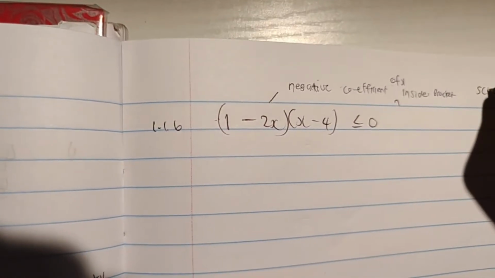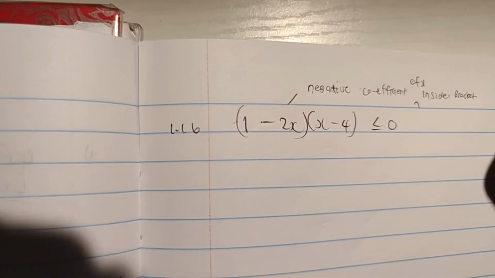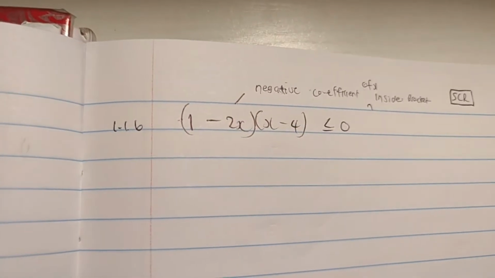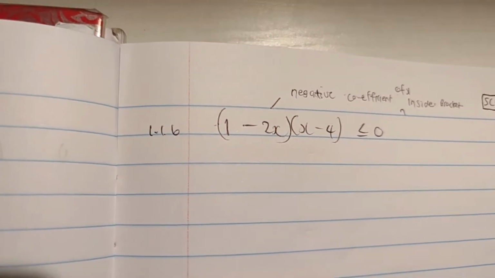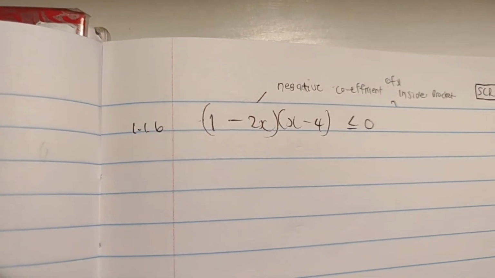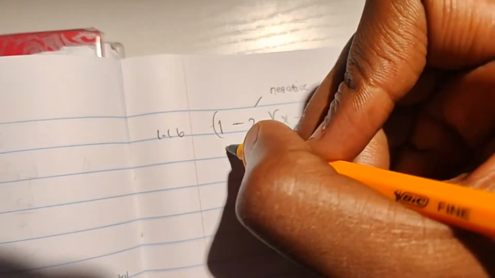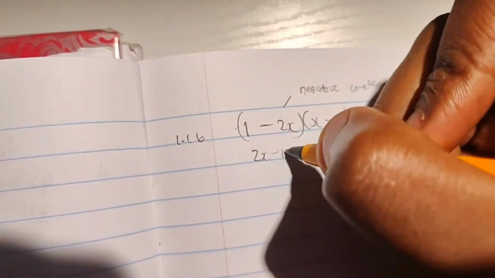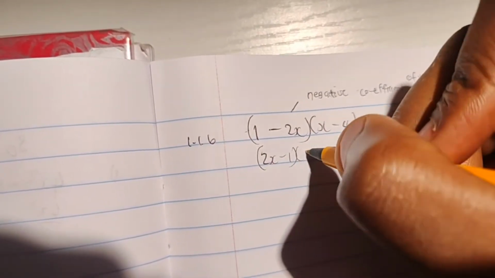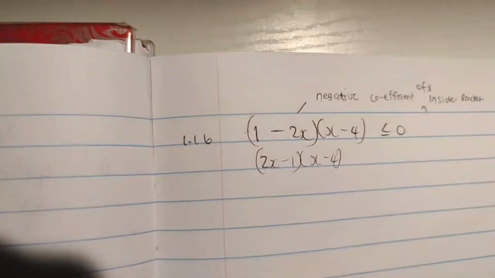So the sign change rule can be very helpful in that situation. Just for that bracket, guys, just for that bracket. If we apply the sign change rule, we are going to fix the order to 2x minus 1. Just that bracket.